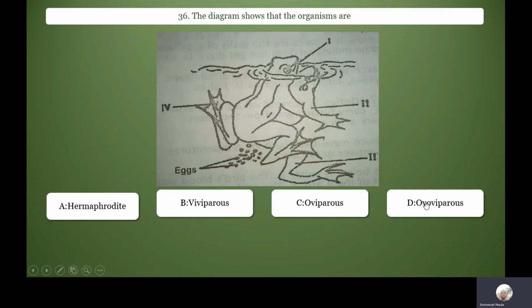And if the animal lays egg and the egg hatches inside the mother and the baby is given birth to alive, the young one feeds directly inside the egg, but the egg hatches inside the mother. That's ovoviviparous. So the correct option here is oviparous because the egg is laid outside of the body.